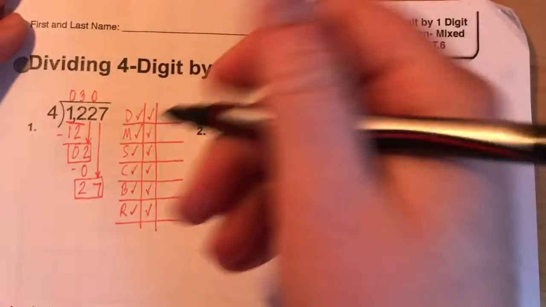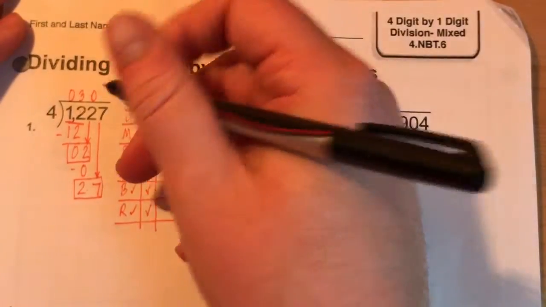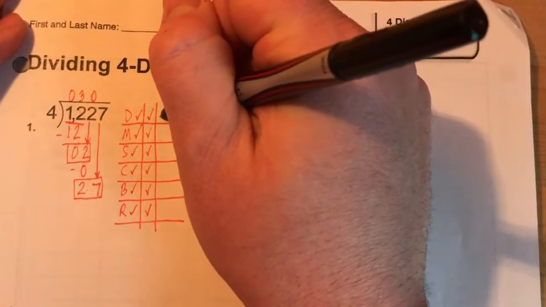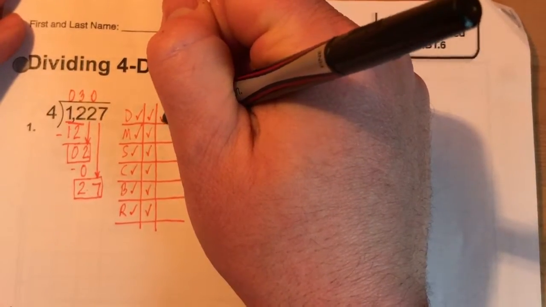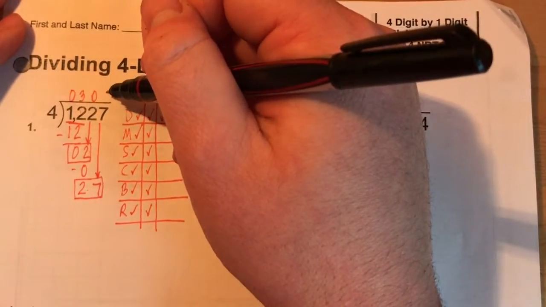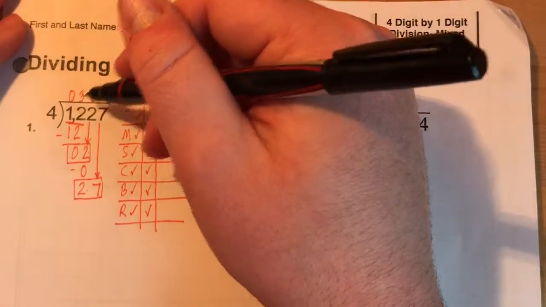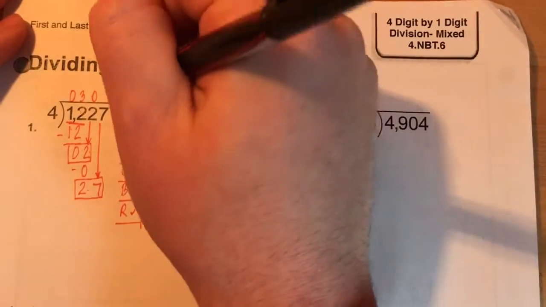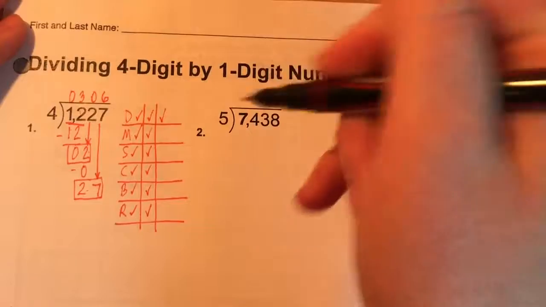And so we know we still have to repeat because there's spots left in the quotient. So we start back over again. I'm going to determine 4 times what gets me close to 27 without going over. I know 4 times 9 is 36, 4 times 8 is 32, 4 times 7 is 28, so it has to be 4 times 6.